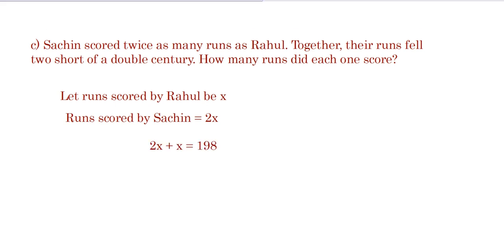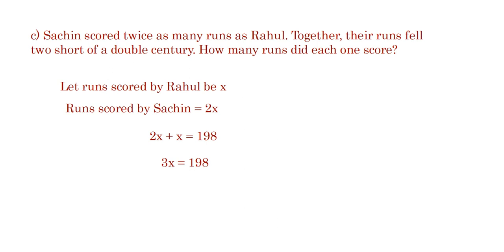So we can write it as 2x plus x is equal to 198. That is 3x is equal to 198. To get the value of x, transpose 3 to the other side. That is x is equal to 198 by 3. Do find it yourself. Similarly, question number 3 and one more question number 4 are there in the textbook. Do try yourself.